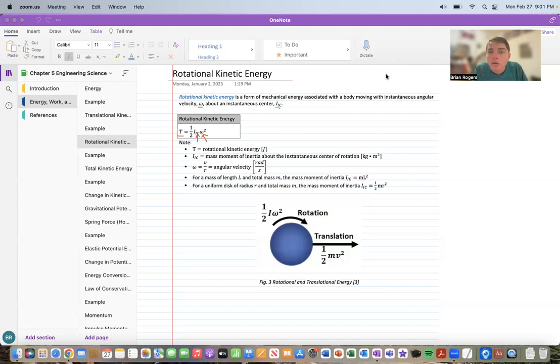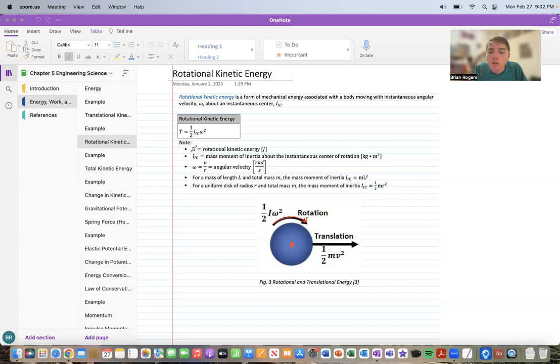Looking at this, we're going to solve specifically for the rotational kinetic energy, but you can see if we have a mass here and it's rotating, we have a rotation of this mass around its center point that I marked in red here. We have rotational kinetic energy.